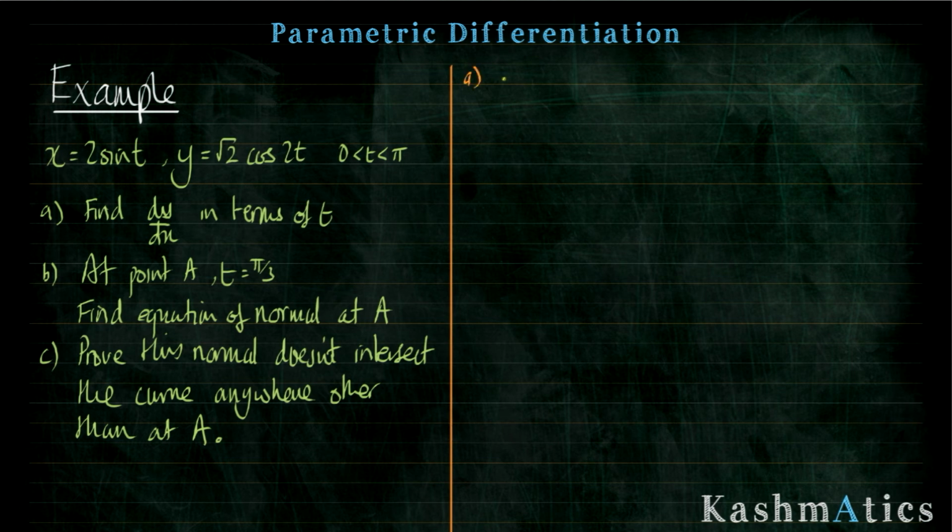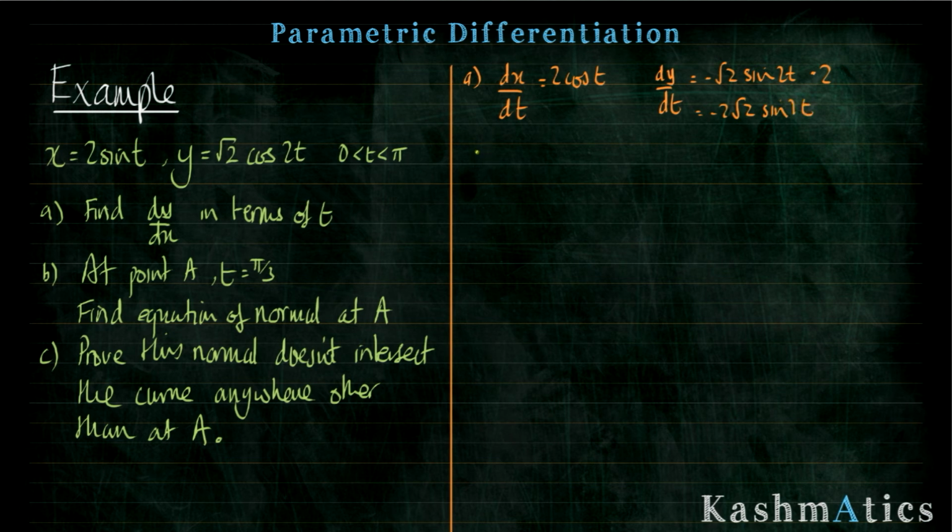So part A, dx by dt. Now, if x equals 2 sine t, dx by dt will be 2 cos t. Dy by dt. Now, remember, cos becomes minus sine, so this is cos 2t, so it'll become minus sine 2t, but then we have to multiply by the 2 as well. So it'll be minus root 2 sine 2t multiplied by 2, which is minus 2 root 2 sine 2t.